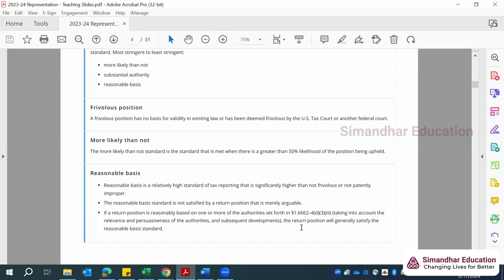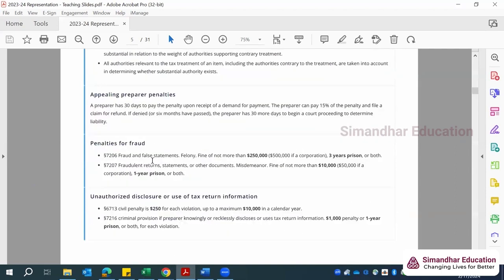So as long as you are doing your part, because as a preparer you can only do things to a certain extent, as long as you explain to the taxpayer the penalties if the deduction is not correct, and you explain the repercussions, and you still go ahead and file the tax return, we can say that you still had a reasonable basis.